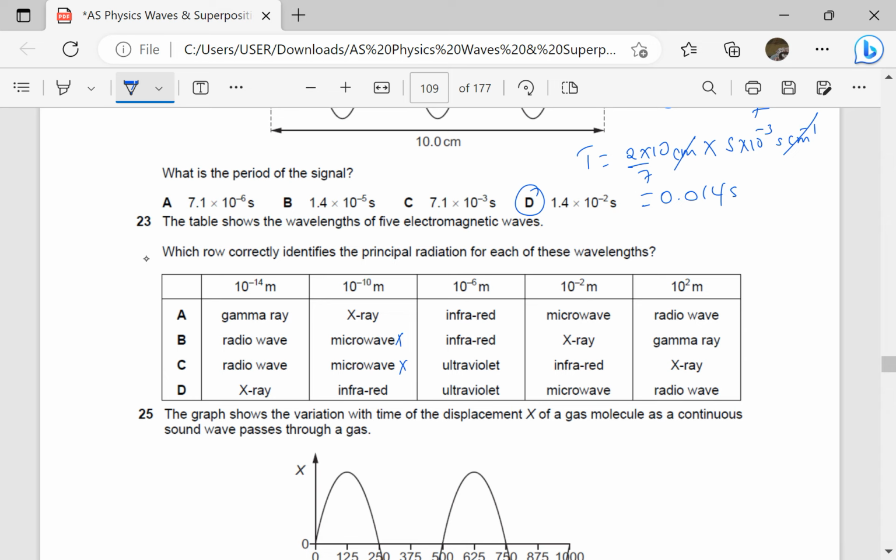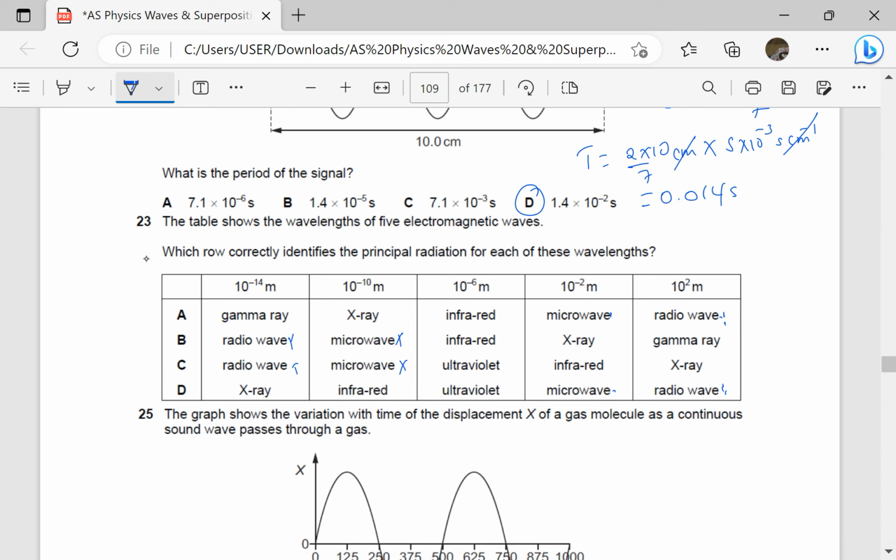Here it is showing radio waves have the smallest, 10 power negative 10, which makes, of course, these two still wrong. So we have to choose between A and D. We know that radio waves have the longest wavelength, which they are the only radiations with a positive power of 10.